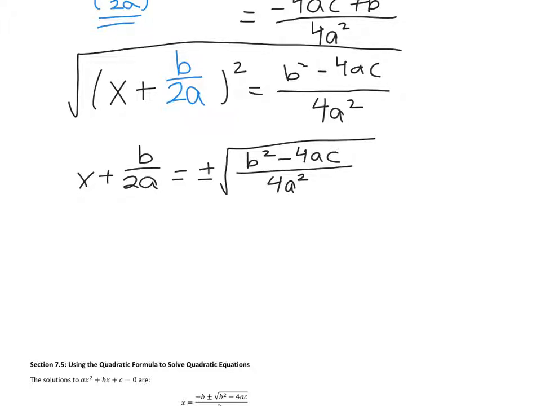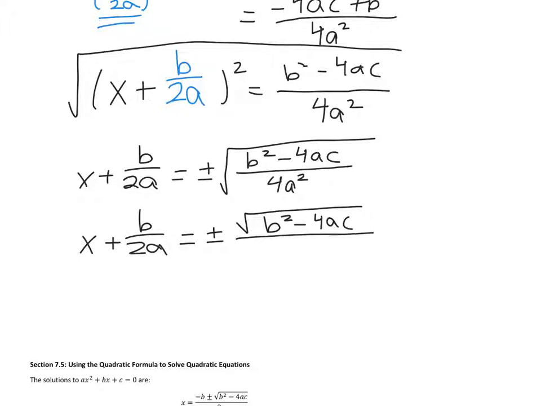Then we're taking the square root of the numerator and the denominator, and notice the denominator is a perfect square. The square root of 4a squared is 2a. Okay, final step is to subtract the b over 2a from both sides.